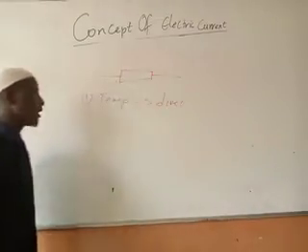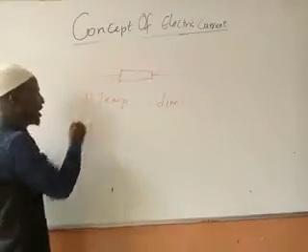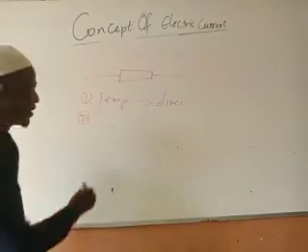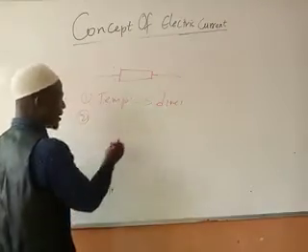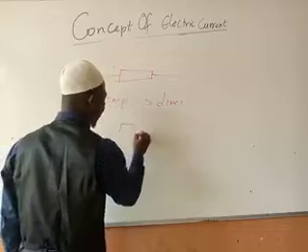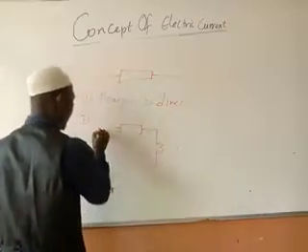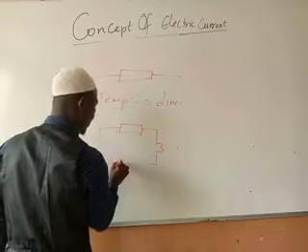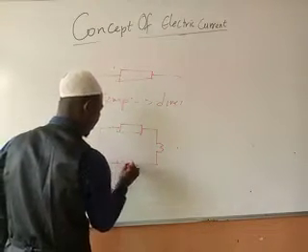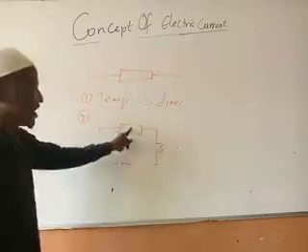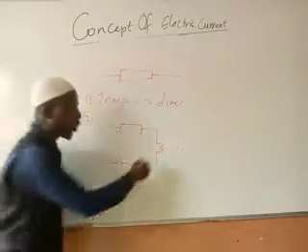Then another factor is, I remember there's one WAEC question, I think 2014, that they drew something like this to form a circuit. They now said, if there's increase in temperature, how will it affect this bulb?